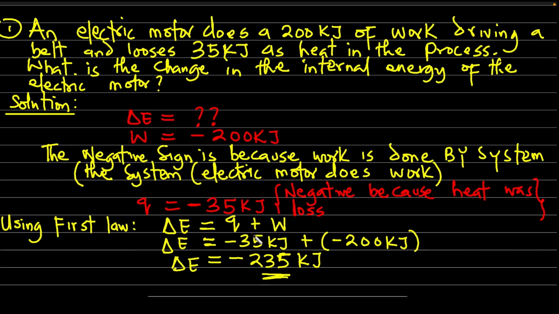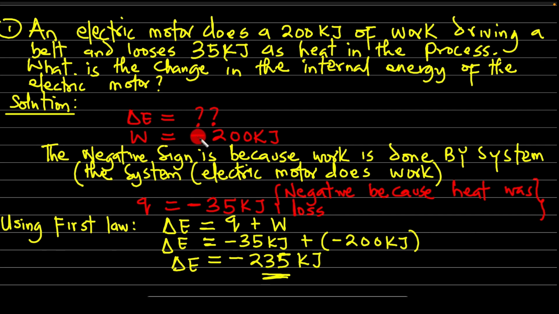Now look at this. The question mark here simply means that change in internal energy, which is delta E, is what I'm looking for. W here is the work done, which they gave me to be 200. This negative sign was not indicated in the question, but they made a statement that you're supposed to use to fix up the negative sign. They said an electric motor does 200 kilojoules of work.